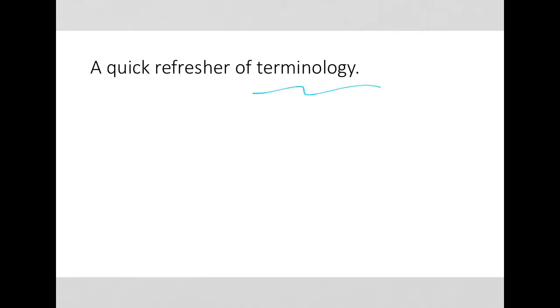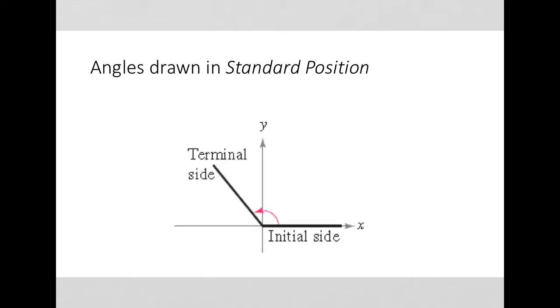So we're going to briefly run through some terminology that we're going to want to be familiar with for our introduction to trigonometry. First off, an angle drawn in standard position is going to have its initial side lie on the positive x-axis right there, and then the angle will open up to whatever theta value that angle happens to be, in terms of rotating a ray over to the terminal side.